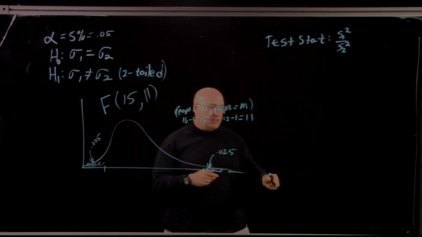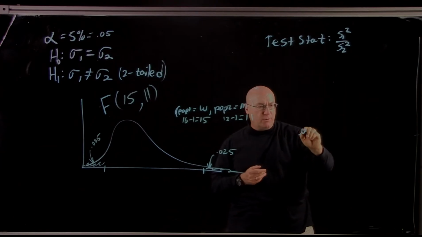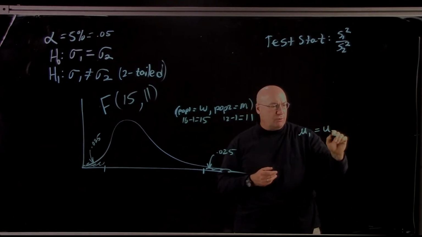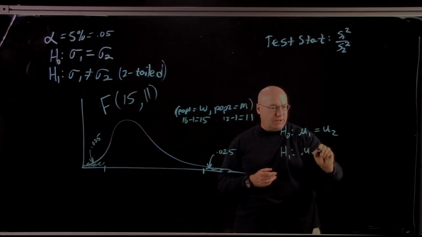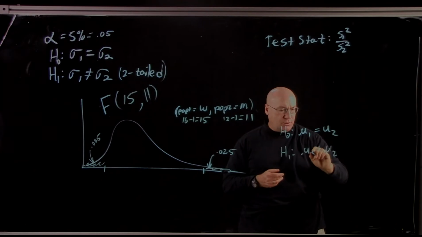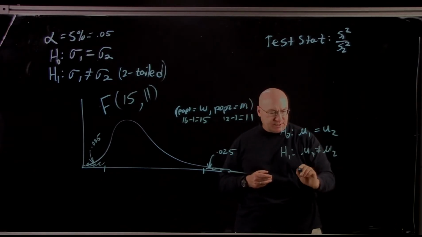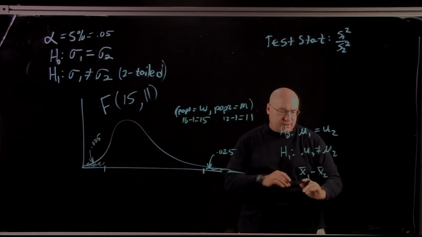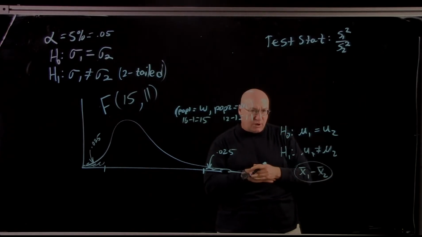You can do this with anything. If we were looking at the difference of two means, if we had mu1 equals mu2 as H0, you don't have to write this down, but just watch what I'm doing, and H1 was mu1 does not equal mu2. Well, what's the test statistic? The test statistic looks at x1 bar minus x2 bar. There's other stuff involved, but the numerator was x1 bar minus x2 bar.